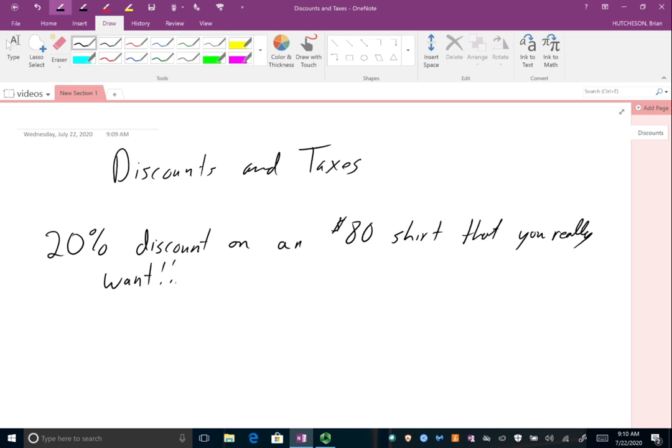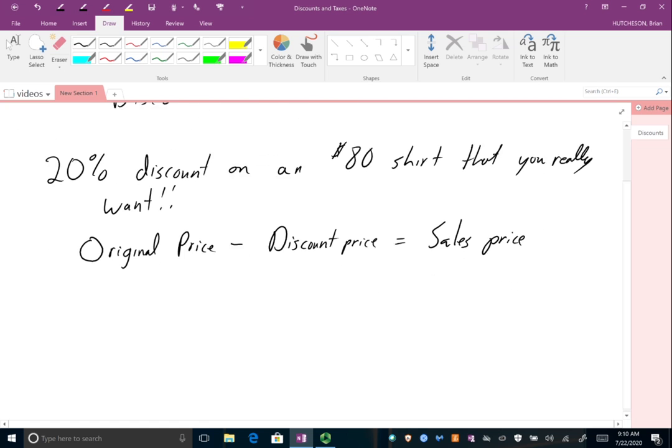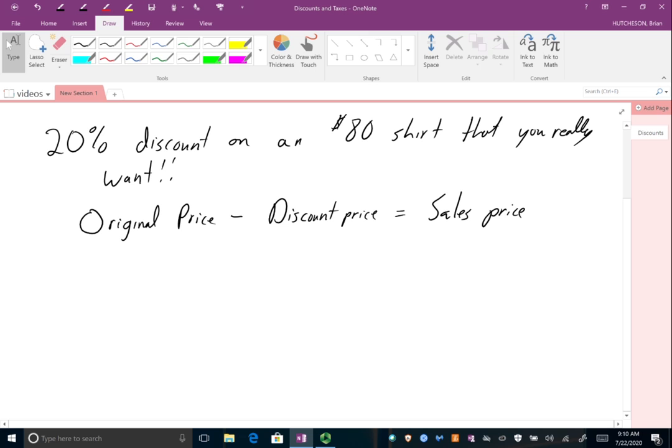And how we do that is we usually take the original price, subtract the discount, and that should give me the sales price. This is $80.